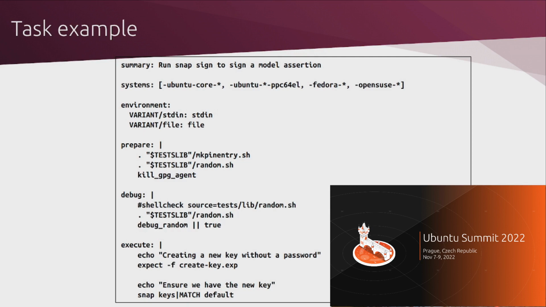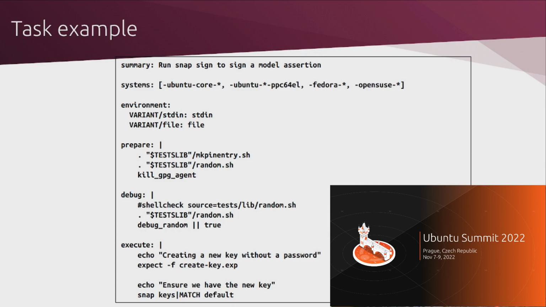It's very easy how you do it. Just a YAML file with the environment variables you want to use. This is the way we use variants, the data-driven testing. And then you have a prepare, a debug, you could have or not a restore section, and the execution part.